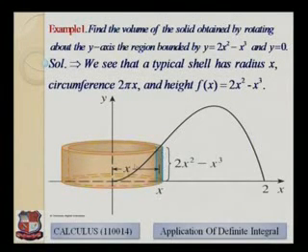Here, as we are considering rotation about the y axis, it becomes a cylinder about the y axis. This is the particular strip I have shown.